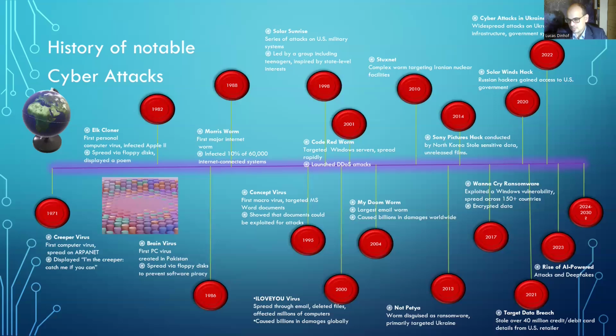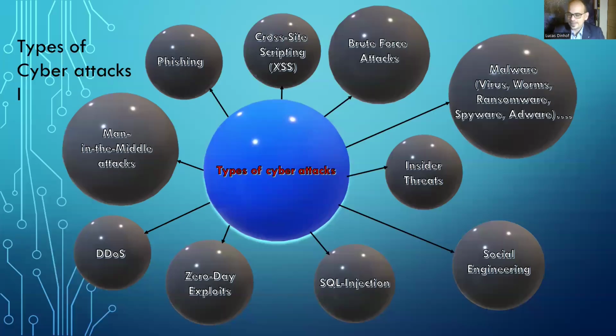We will talk about that later. And currently, since 2023, we have had a lot of deepfake attacks, which can be audio or videos. So if you want to become a cybersecurity specialist, you should know the attackers and hackers well.